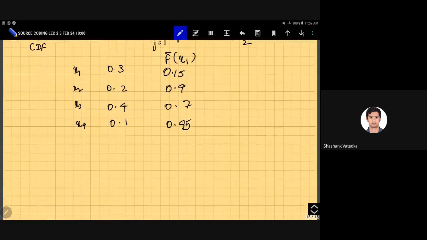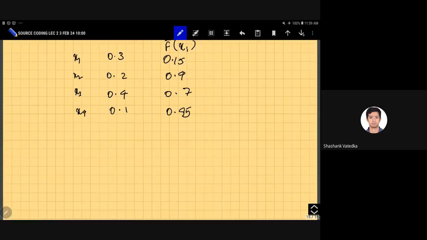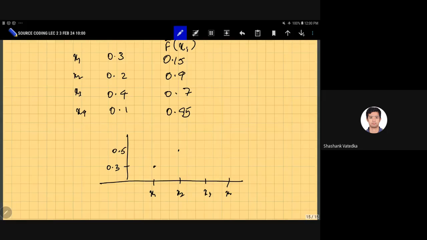Right? So if I draw this, I have x1, x2, x3, and x4. At x1, the probability of x1 is 0.3. The CDF would be 0.3. That for x2 would be 0.5. For x3 would be 0.9, and x4 would be 1. Right?